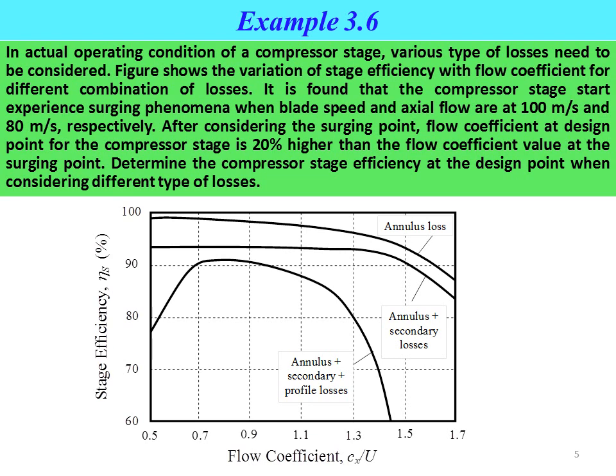After considering the surging point, the flow coefficient at the design point for the compressor stage is 20% higher than the flow coefficient value at the surging point. Determine the compressor stage efficiency at the design point when considering different types of losses. Okay, so this is the question for example 3.6, and the figure of stage efficiency is also provided in the example. So you need to use this figure to answer the question.